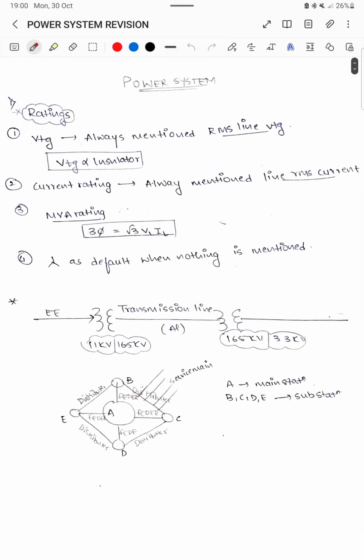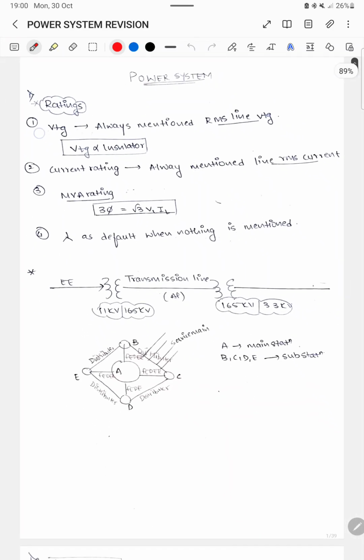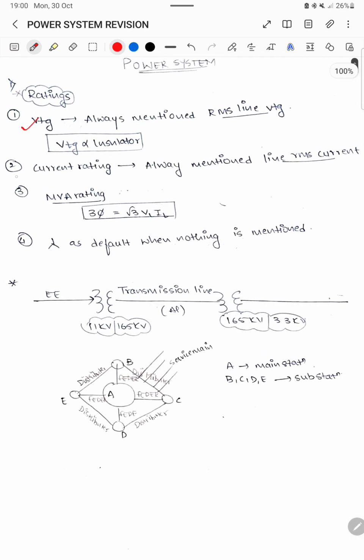So I think it's the right time to start. So basically let's start with the first point, ratings. There will be 3 types of ratings: voltage rating, current rating, and MVA rating. So which value you will take for each is what we'll be discussing.